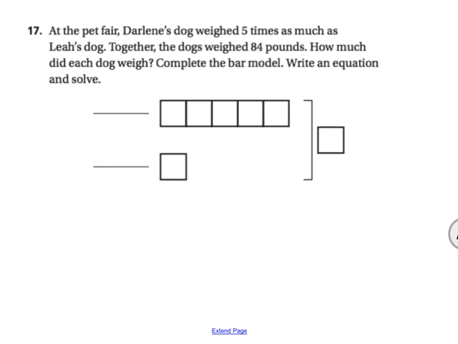And I noticed that it says Darlene's dog weighed 5 times as much as Leah's dog. So the 5 bars have to go next to Darlene's dog. So I'm going to write that, Darlene's dog. And the other one has to be Leah's dog.